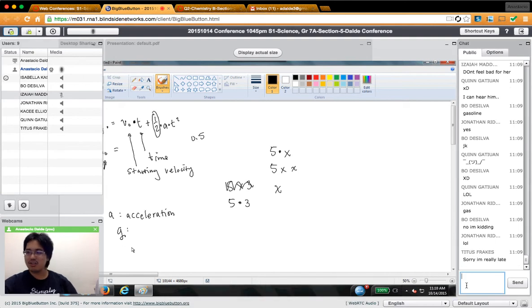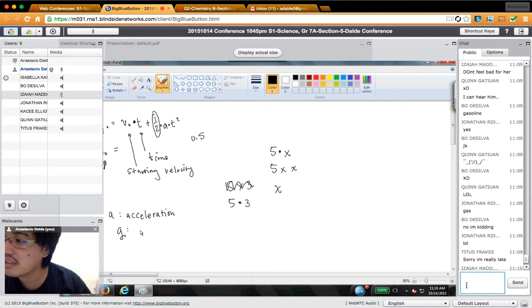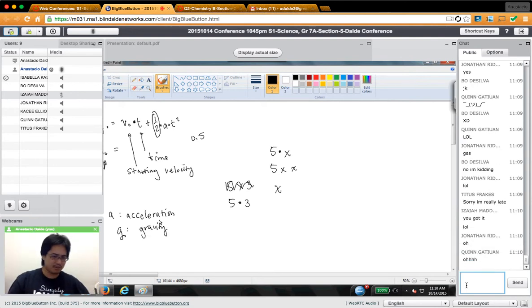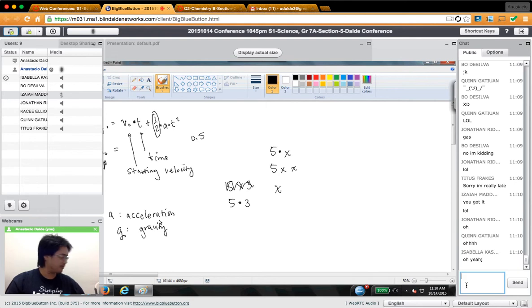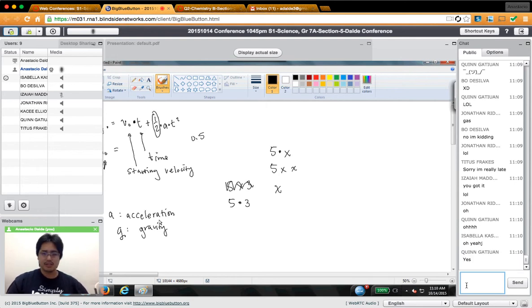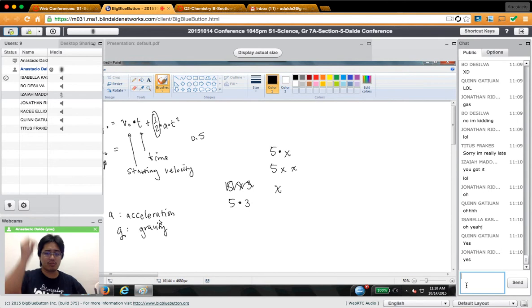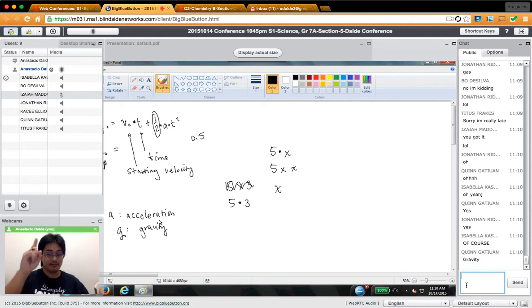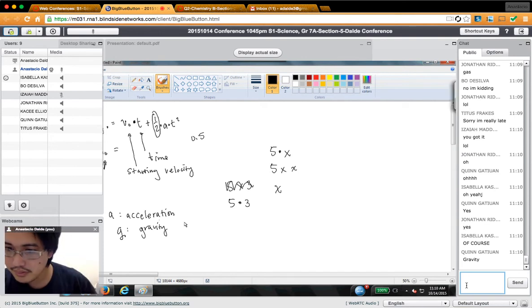All right, no, it's gravity. Have you had any experience with gravity? You guys ever hear of gravity before? Yes, gravity is an acceleration. If you drop a stone, then it falls with the acceleration of gravity. And I have a question for you. Which way does gravity act? Which direction?